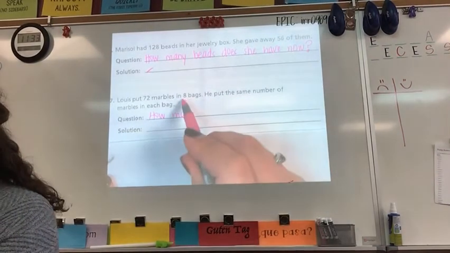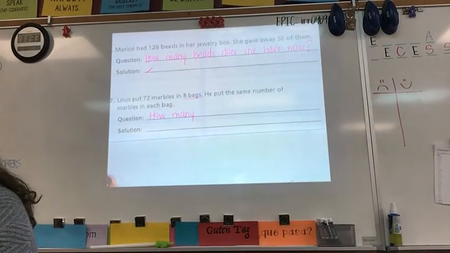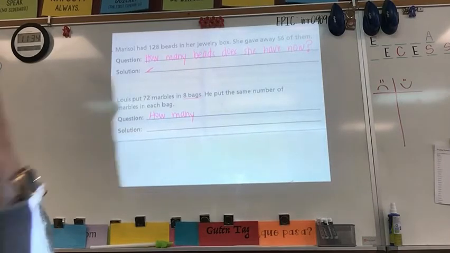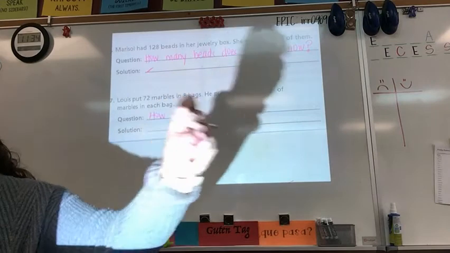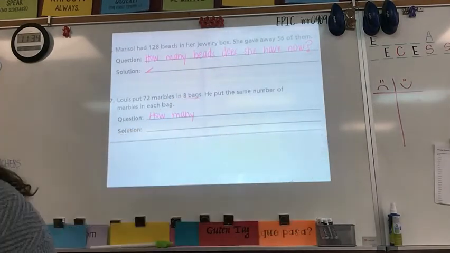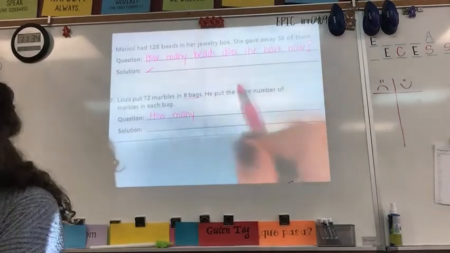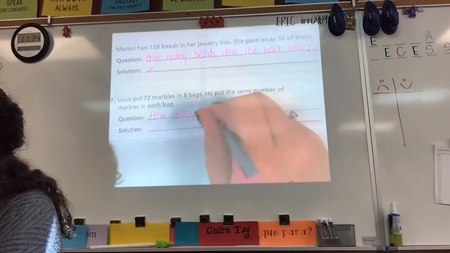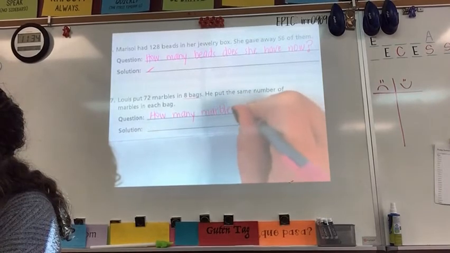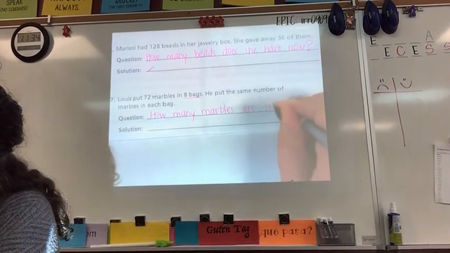Ooh, they told us there's 8 bags. If he's got 72 total marbles and he puts the same amount in each of 8 bags, we're trying to figure out how many are... Good. How many marbles are in each bag?